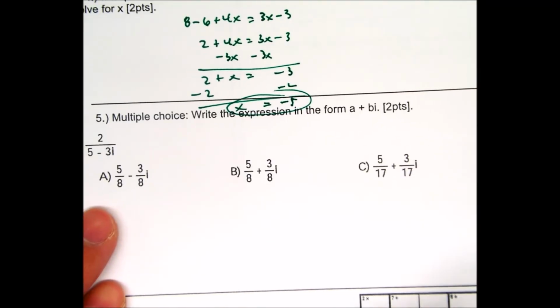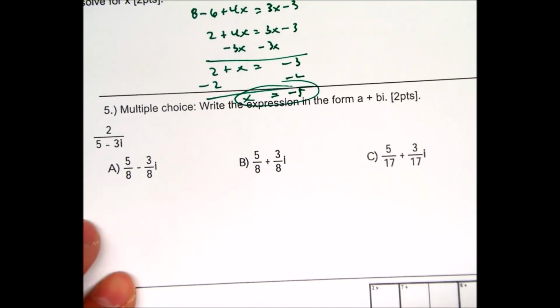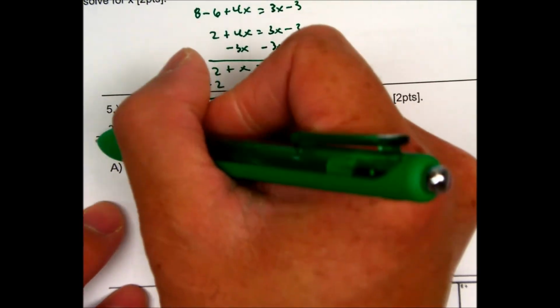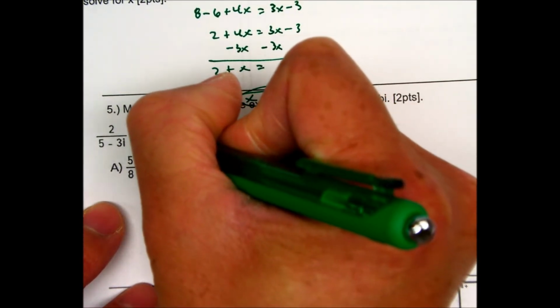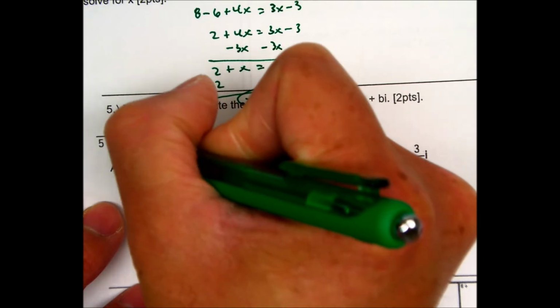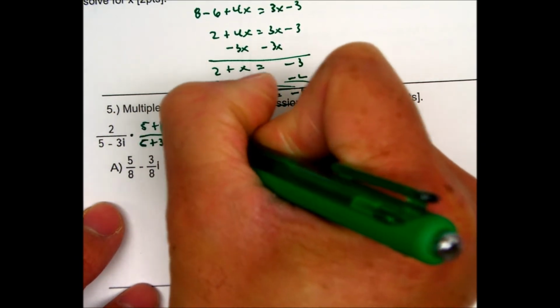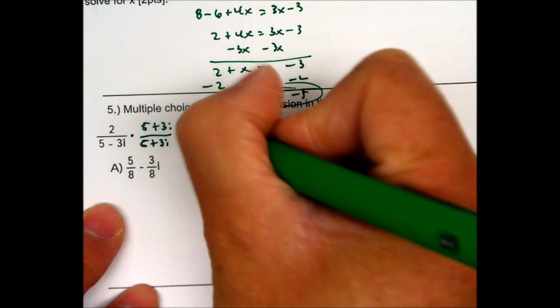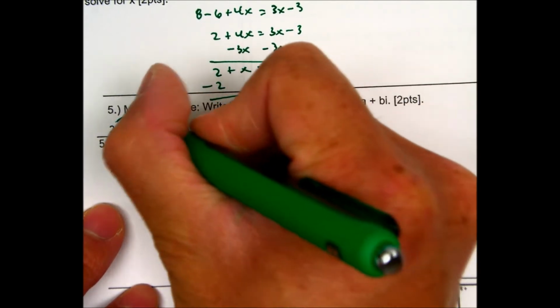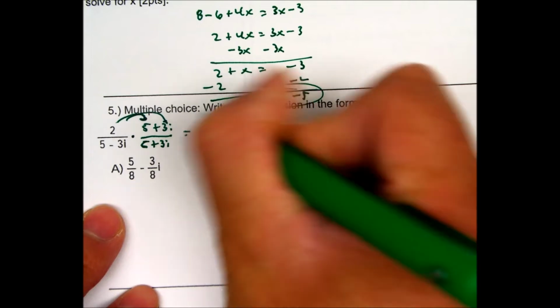Question number 5, write the expression in the form of a plus bi. You're going to have to multiply by the conjugate. The conjugate is just taking this expression and changing the math operation there. In the numerator, I can just distribute, so that gives me 10 plus 6i.